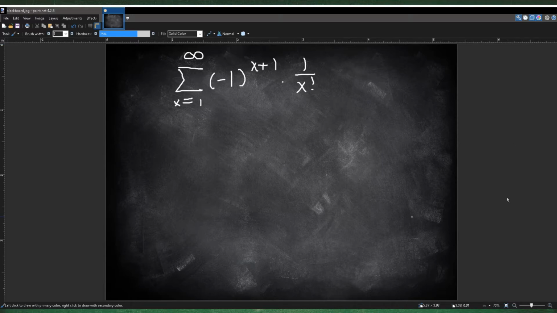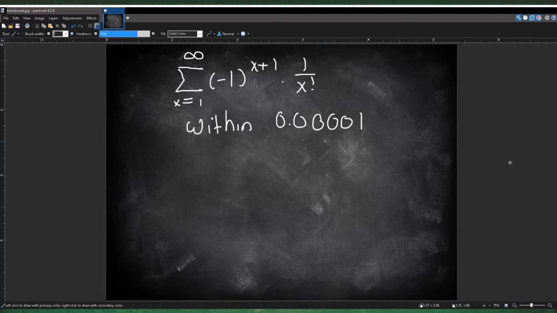So let's say we want to find the sum of this series within an error of 0.00001, right? So tens, hundreds, thousands, ten thousands, hundred thousands, within a hundred thousandths margin.